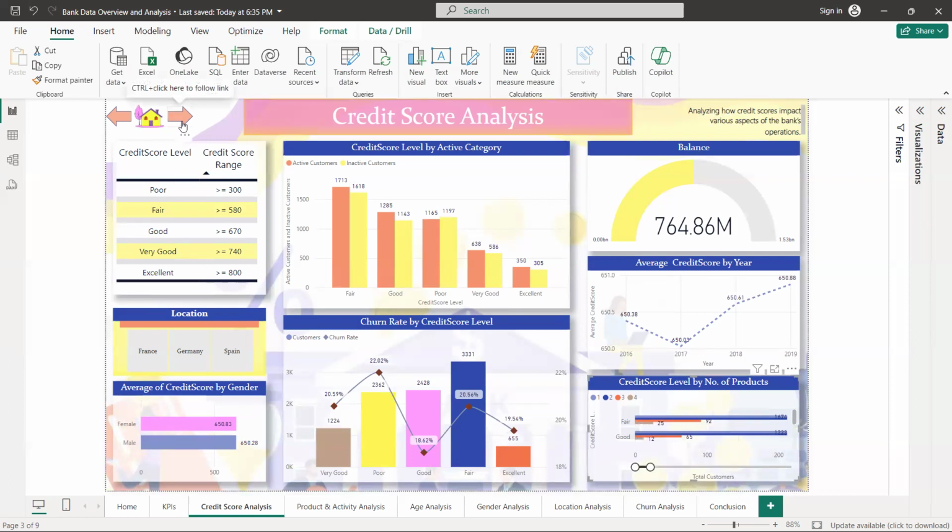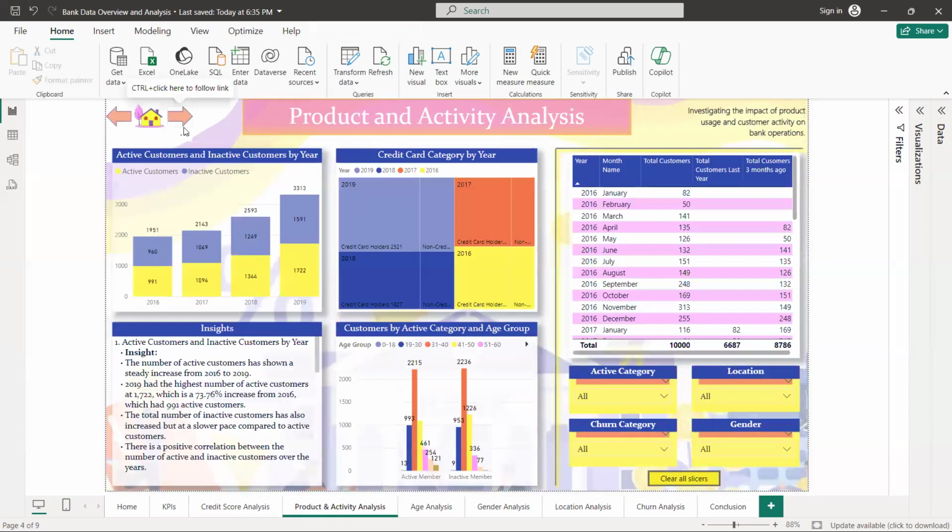Okay. Moving on to the next page, which is the product and activity analysis page. Here we are investigating the impact of product usage and customers' activity status, whether they are inactive or active, on bank operations. So first we have a stacked column chart, which displays the number of active and inactive customers for each year. Then comes a tree map visual, which categorizes customers by their credit card holder or non-credit card holder status.